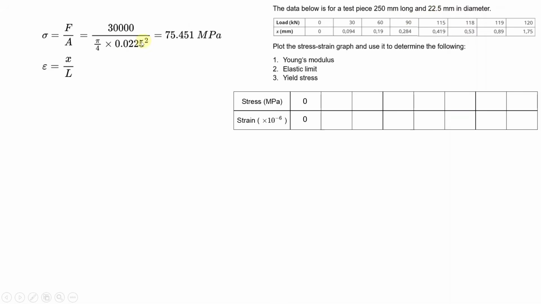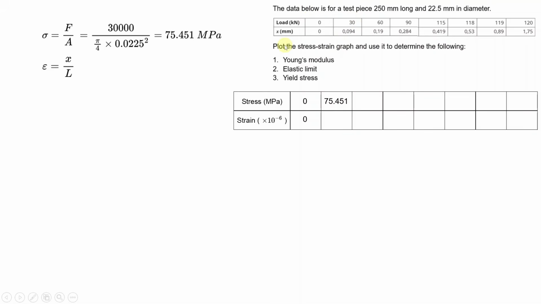You change that to meters and then you plug it into the equation for area, pi by 4 diameter squared, and divide the force by that cross-section area. That gives you the stress that corresponds to 30 kilonewtons. That stress is 75.451 megapascals, and you write that value here.